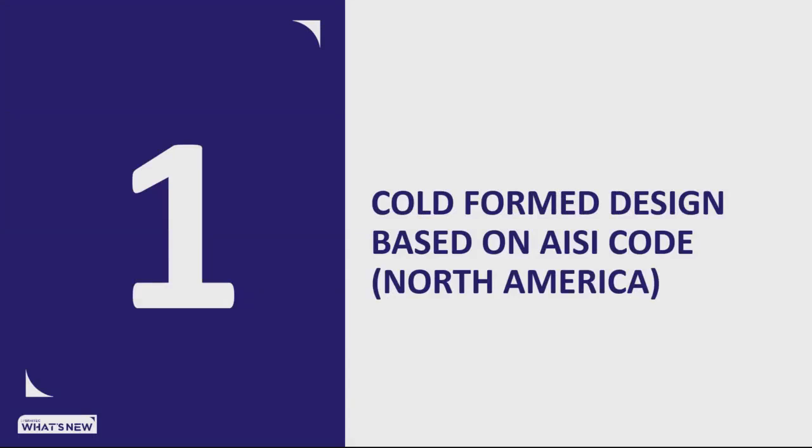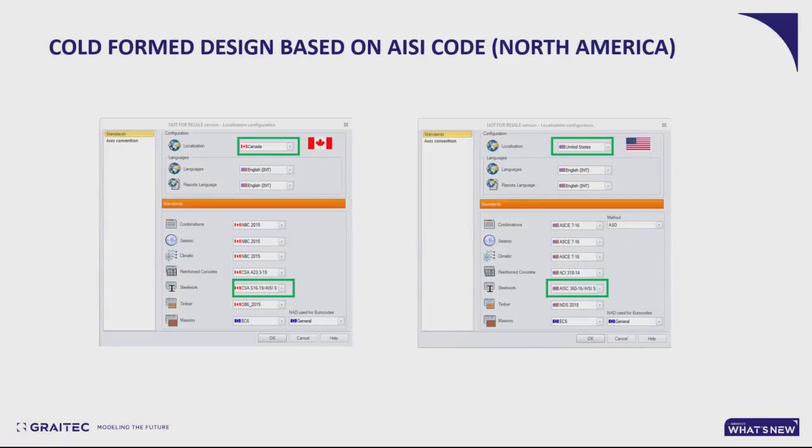So talking about the cold form design based on AISI code, as you see here, now in the new version of Advanced Design, both for Canadian and United States localization, we have the AISI code added for steelwork.